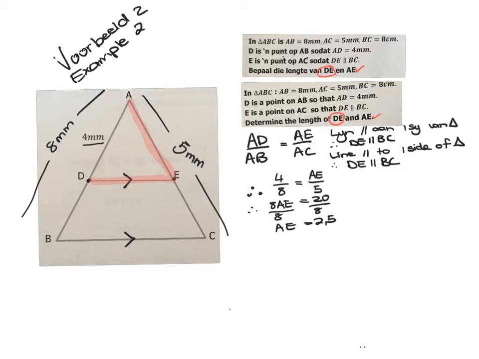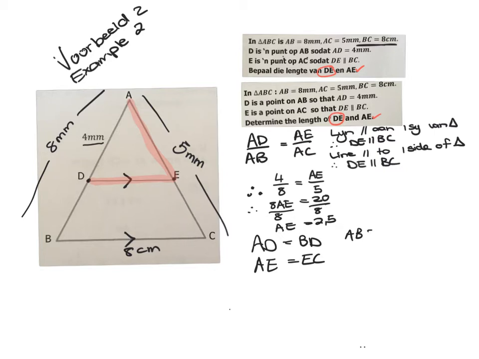We know, according to the information given to us, BC is 8 cm. So now you're going to say, because AD is equal to BD and AE is equal to EC, and why do I say that?